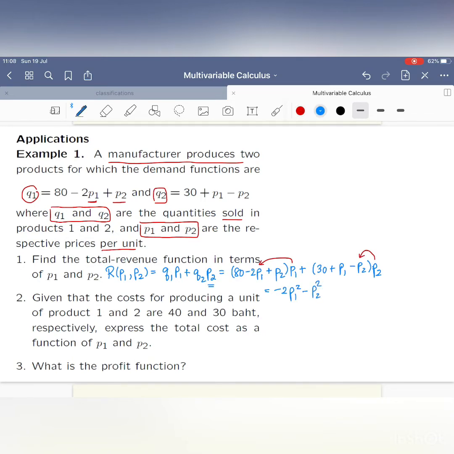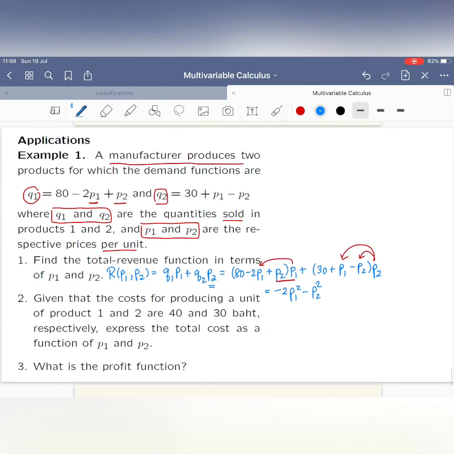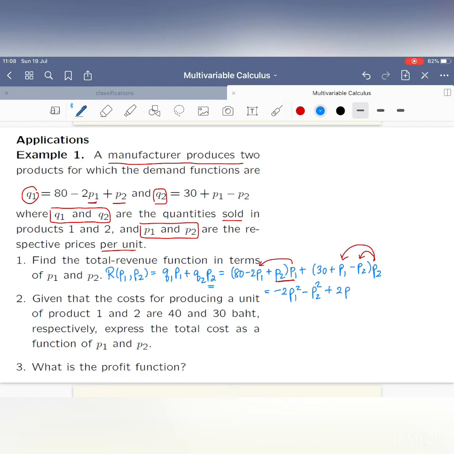And then you also have P1 and P2 terms, so you add them up and have 2 P1 P2, and we also have this term for 80 P1 and this term for 30 P2.